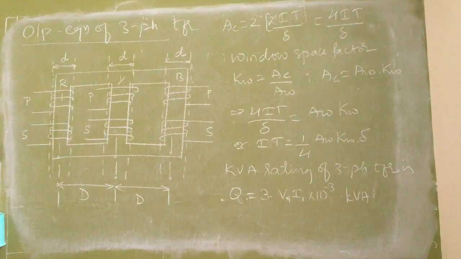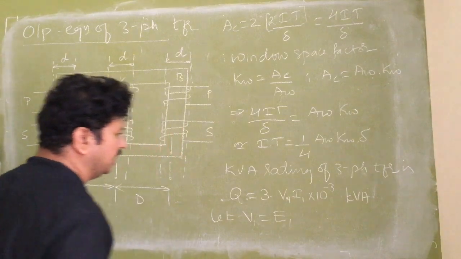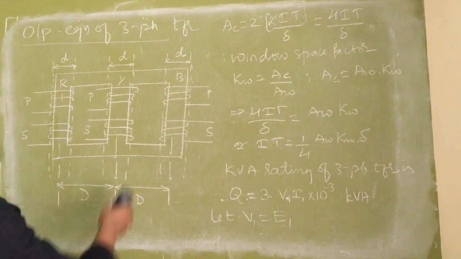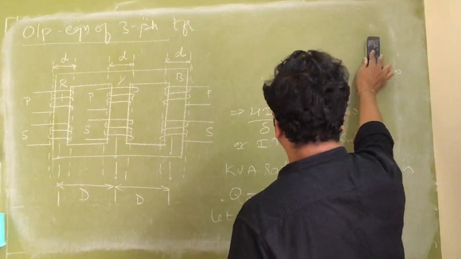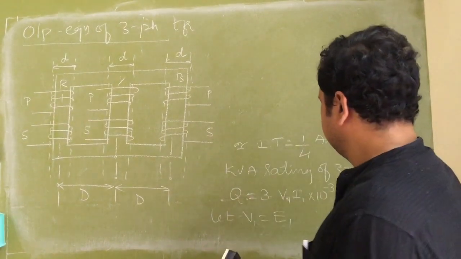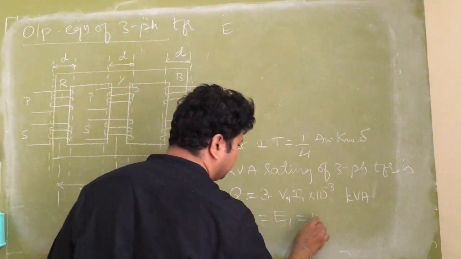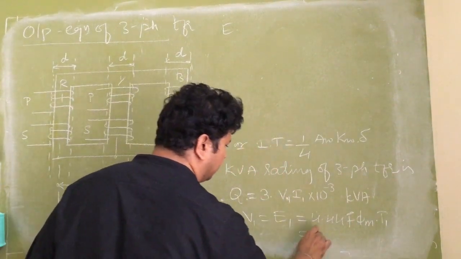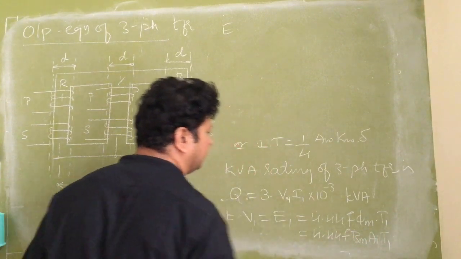Okay, now let V1 is equal to E1. Therefore E1 is equal to 4.44 F phi m into T1, or 4.44 F Bm AI into T1.